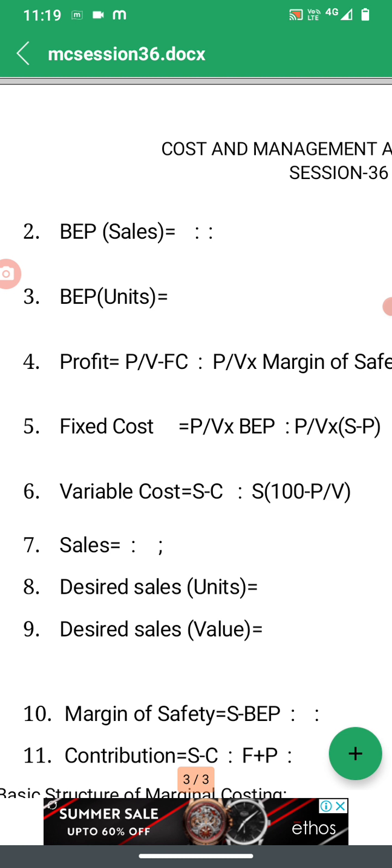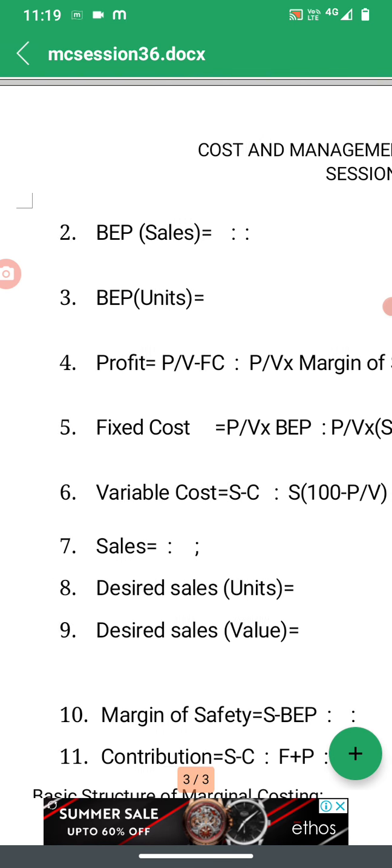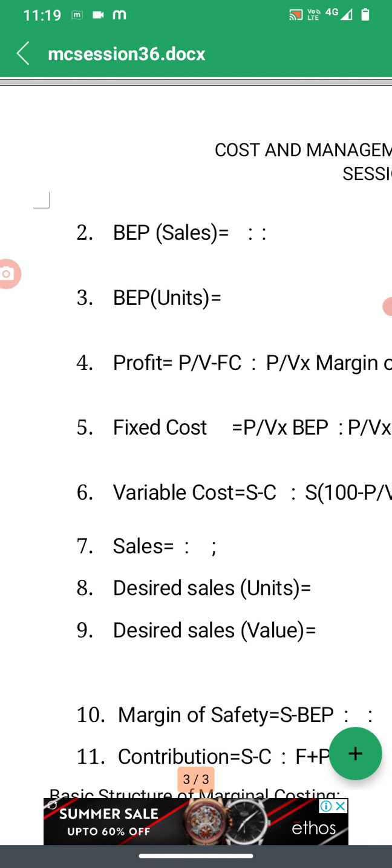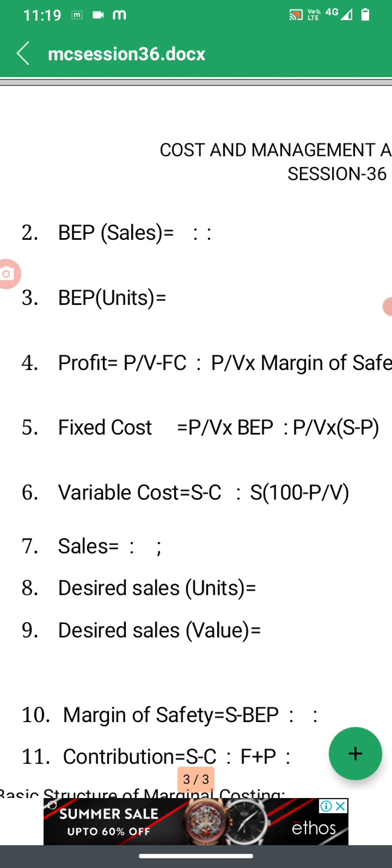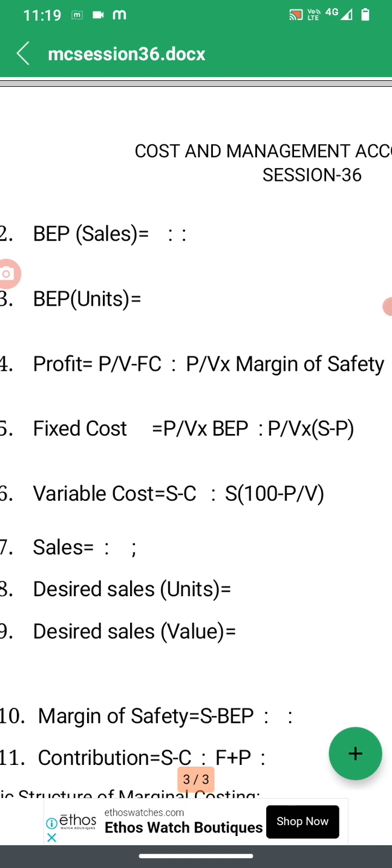Profit, how do we calculate? So PV ratio into sales minus fixed cost, or PV ratio into margin of safety. Okay, fixed cost is PV ratio into BEP, and PV ratio into sales is contribution.